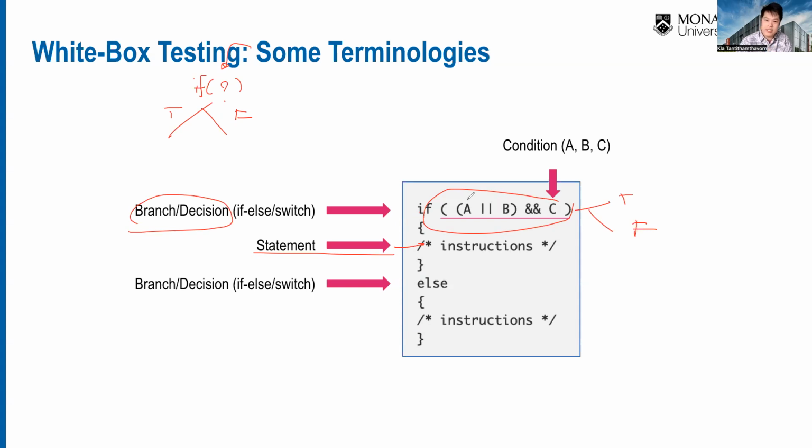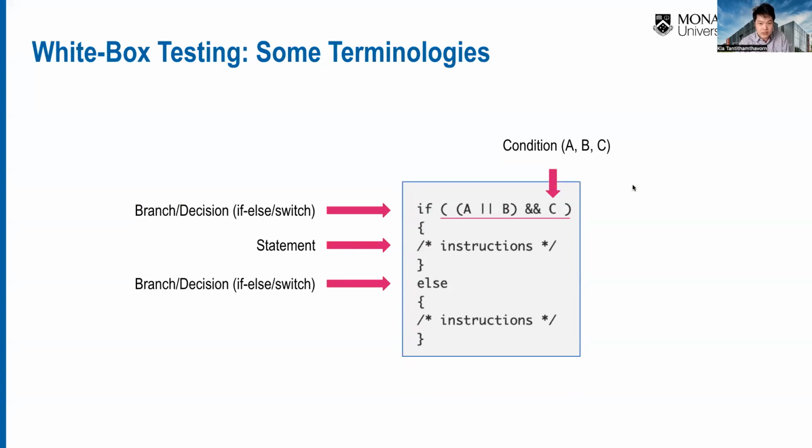It's called compound conditions. There are so many conditions inside the branch. Okay, when there are too many conditions here, it affects the final outcome of the decision of the if statement. For example, if A or B and C, we need to use the truth table to understand as well. We will talk about that in a later slide as well.